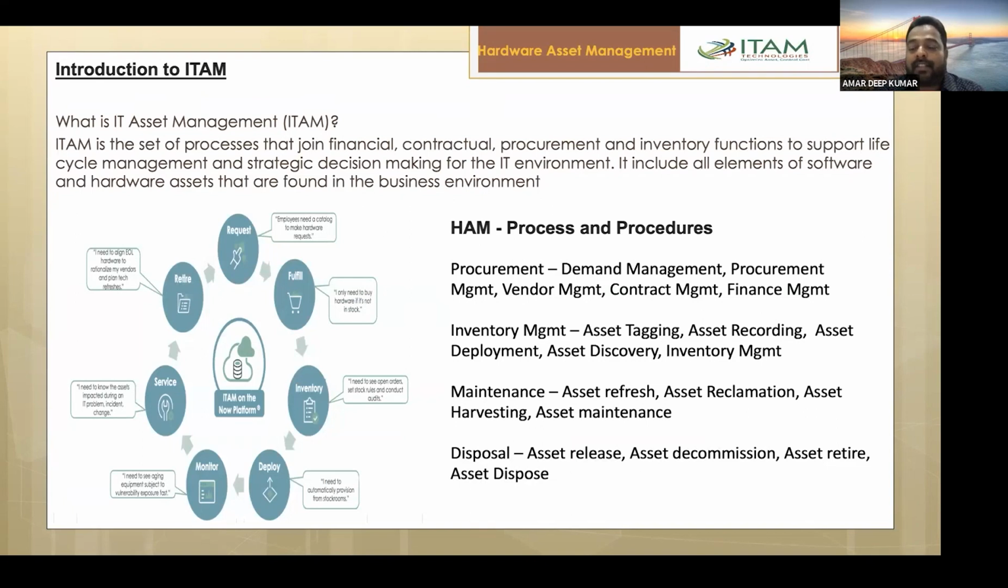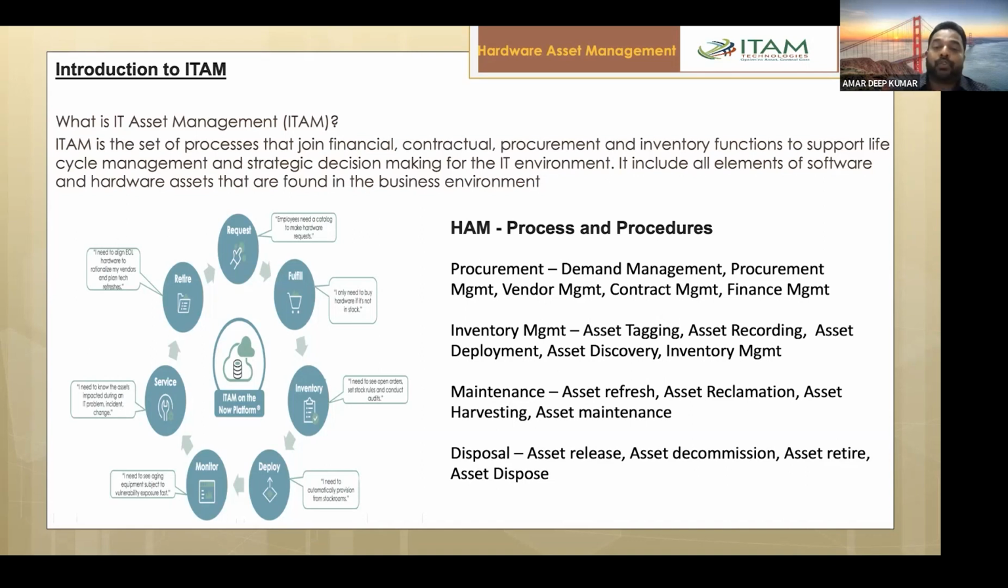We will go through the asset life cycle later and see the different life cycles which we have to manage, because each life cycle is very important for us to manage, and based on that we make certain decisions for our organization.